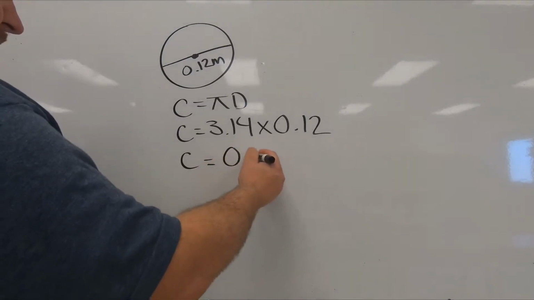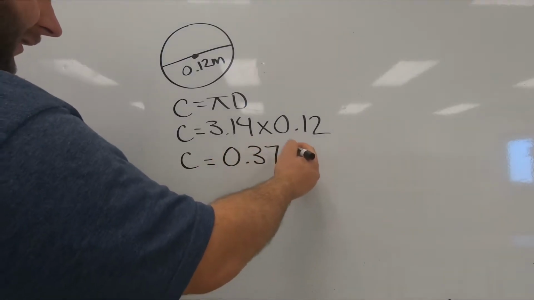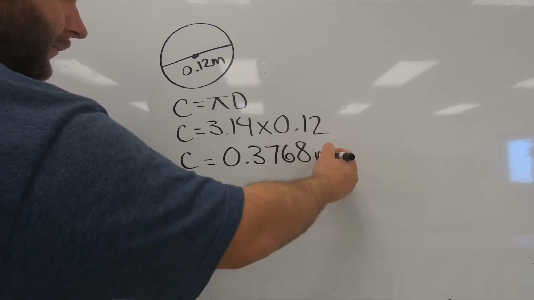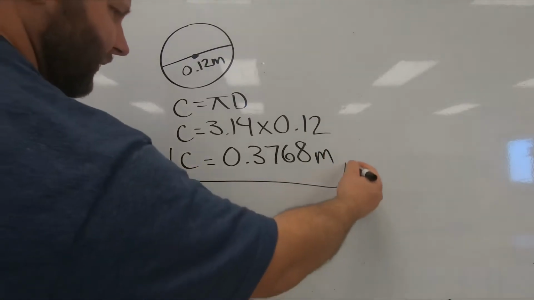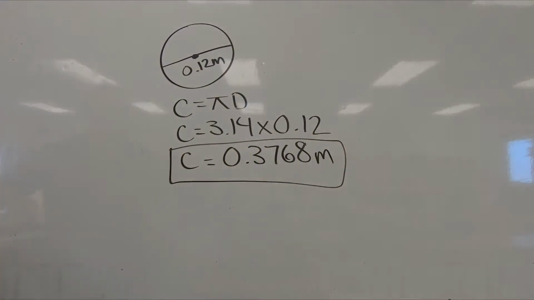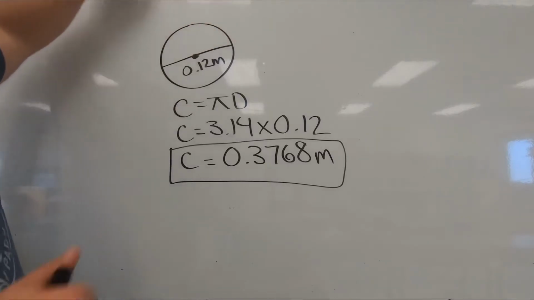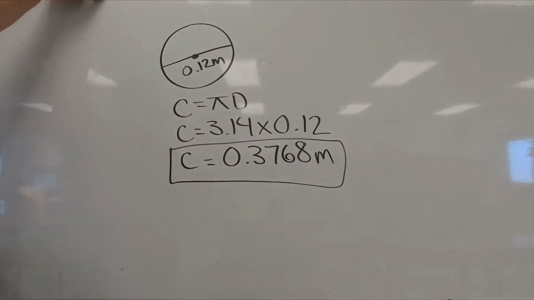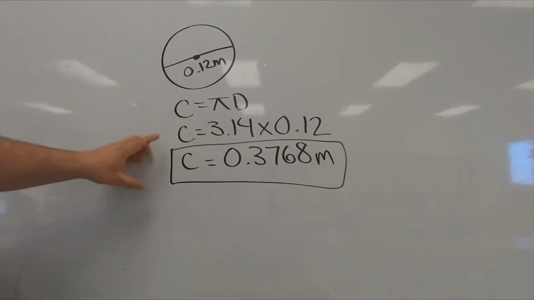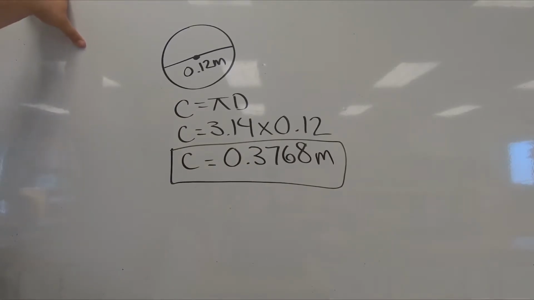So we're going to have 0.3768 meters is the circumference of one of these frames. Now, the thing here is, we're not asked to find the circumference of one. We're saying if she has 3.8 meters of string, how many frames can she make?